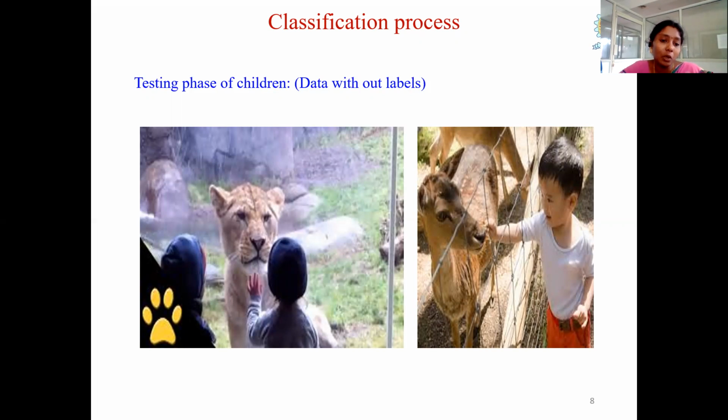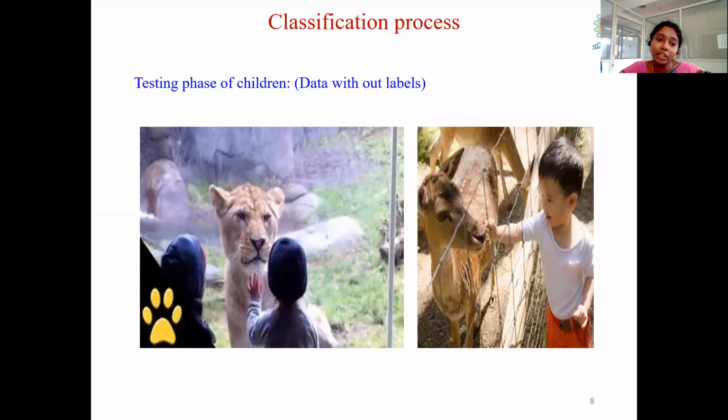He recollects all the things he learned previously and compares: if the animal is up to so and so height, if it has a trunk, if it is in so and so color, if it has a tail this much in length, if it has tusks, then it is the elephant.